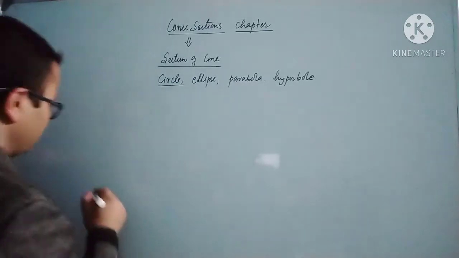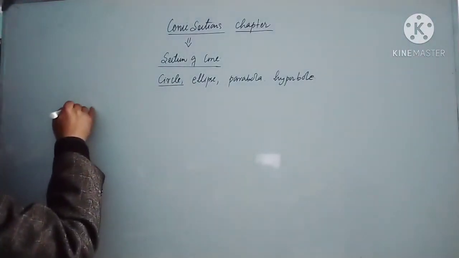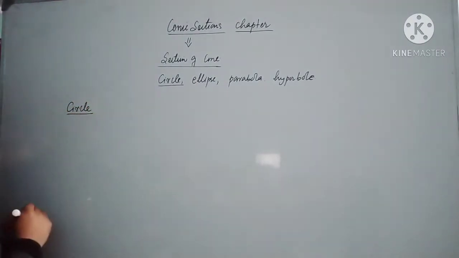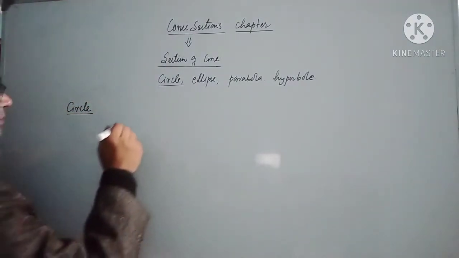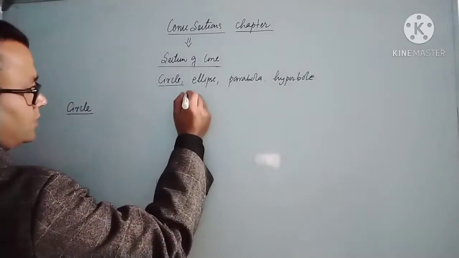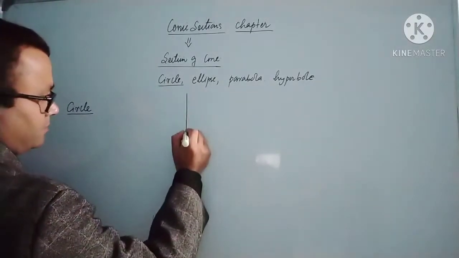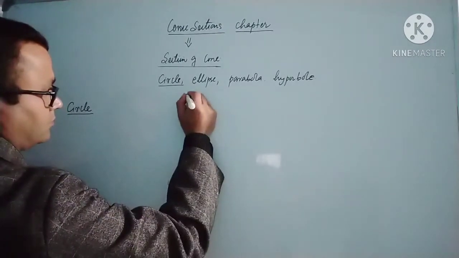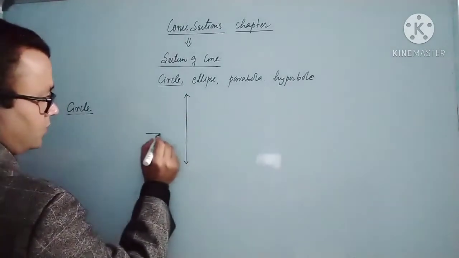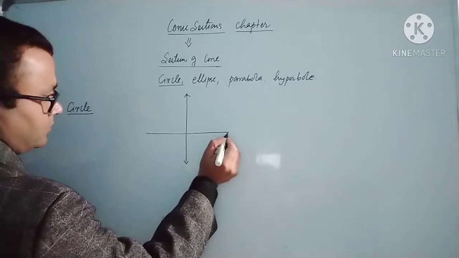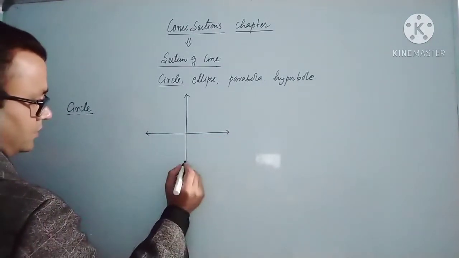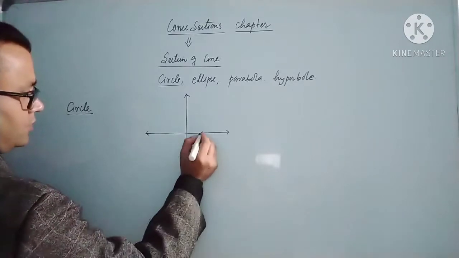So in circle, suppose it is a Cartesian plane. First we will draw the axis on the Cartesian plane, then we will draw the circle.